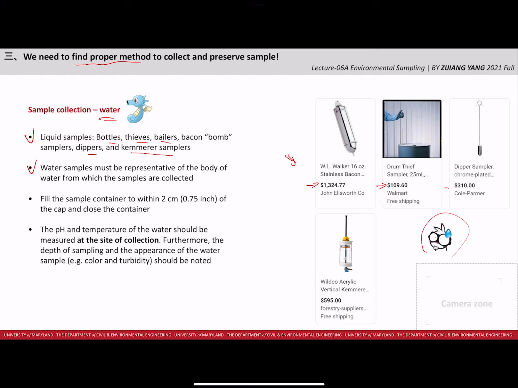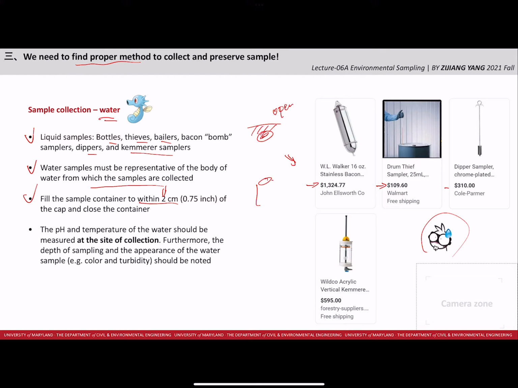Yeah, and then the water samples must be representative of the body of water from which the samples are collected. So we need to have a representative sample. And usually we fill the sample container to within 2 centimeters of the cap and close the container. Basically, we want to minimize the air content in our sampler, because if the water is in the environment, this is an open system.